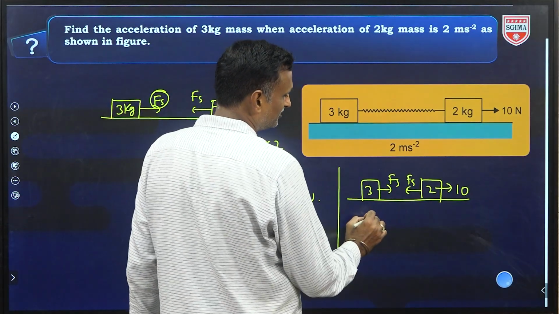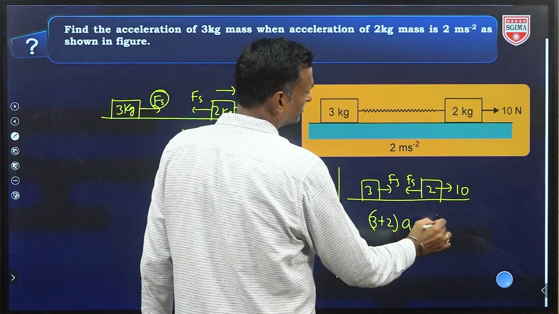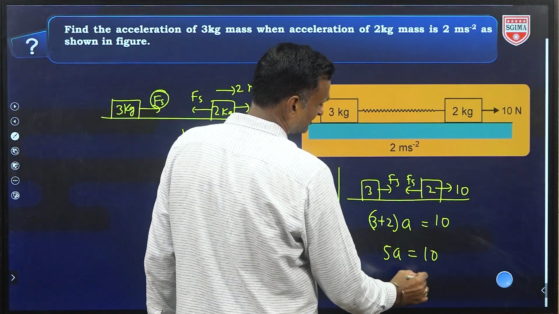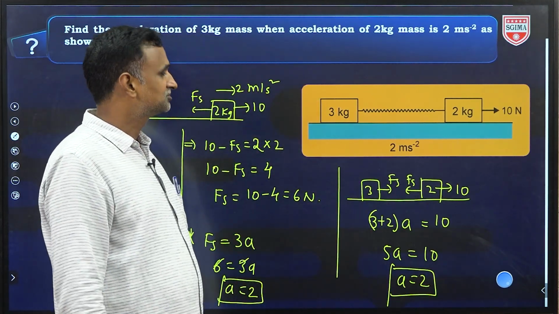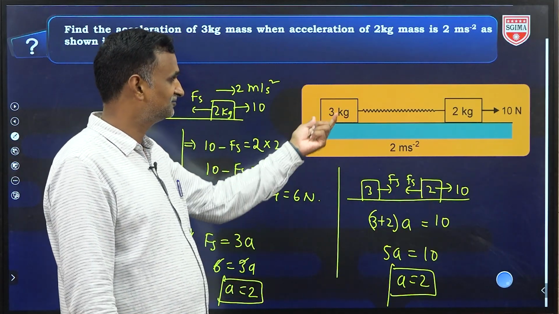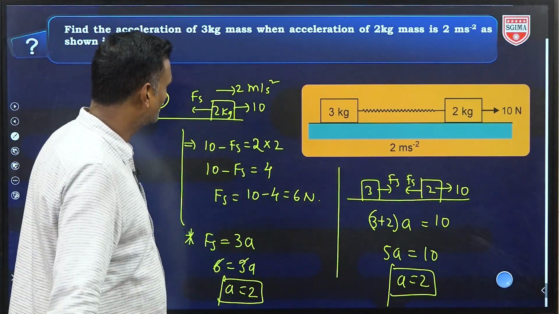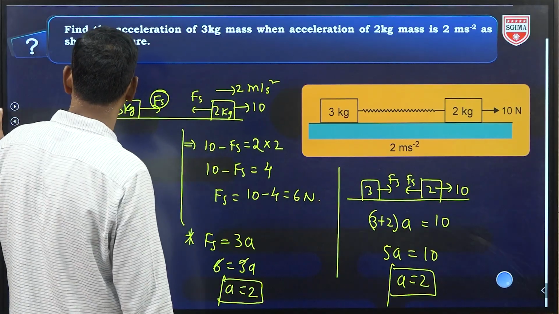So how can we solve? 3 plus 2 into acceleration equal to 10 Newton, 5a equal to 10, acceleration equal to 2. Like this we can solve. But this is not mostly appropriate in general cases, because in the next lesson they will involve friction also in the questions. So you better follow the first method only. Let us see next.